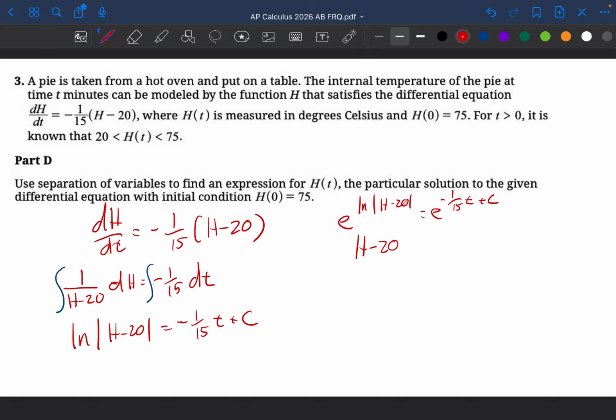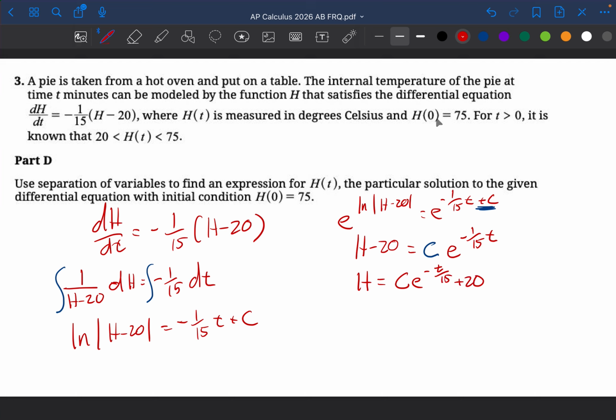And I don't have to worry about the absolute value because we know that h is between 20 and 75, making this a positive quantity. Now the c right here I can bring out in front as a different constant. Then getting h by itself, we have h equals c e to the negative t over 15 plus 20.